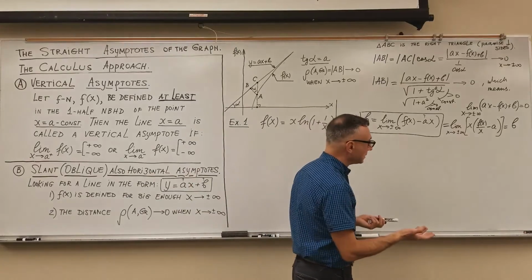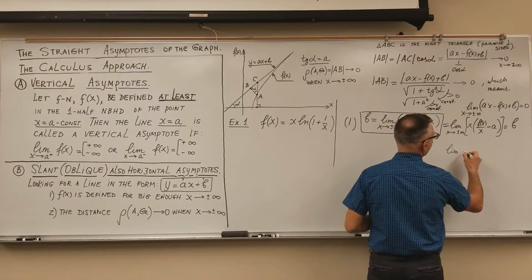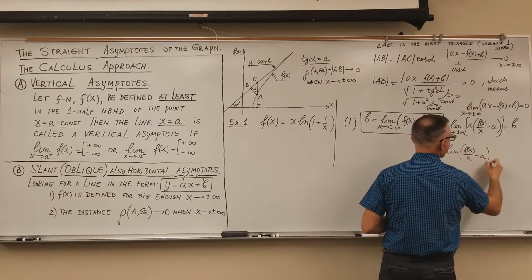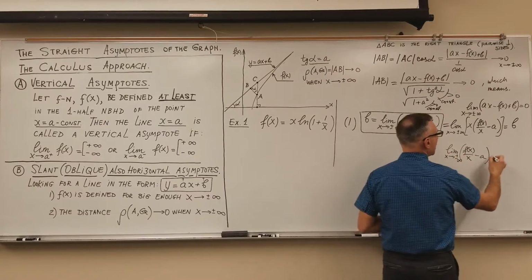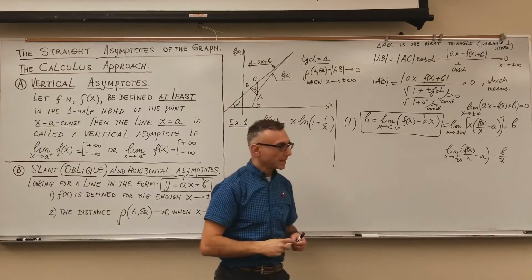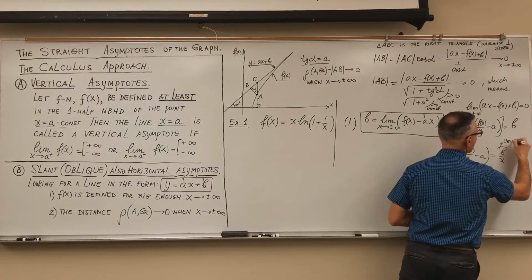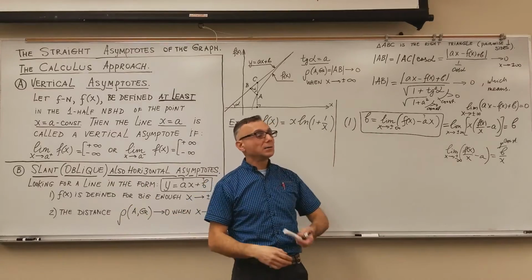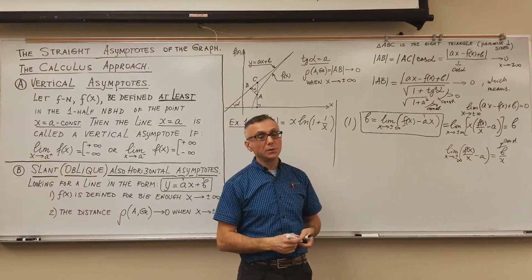And I will get the limit of f of x over x minus a, when x is approaching plus or minus infinity, equal to b over x. And again, by design, b is a constant value, and x is unbounded, growing infinitely, which means that the limit will be equal to 0.